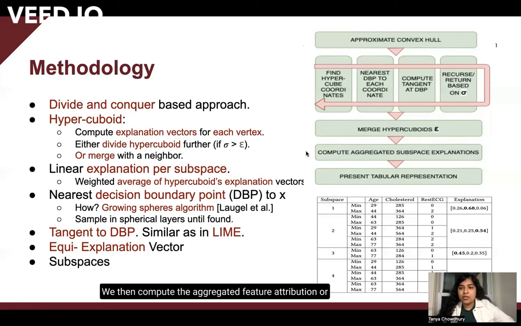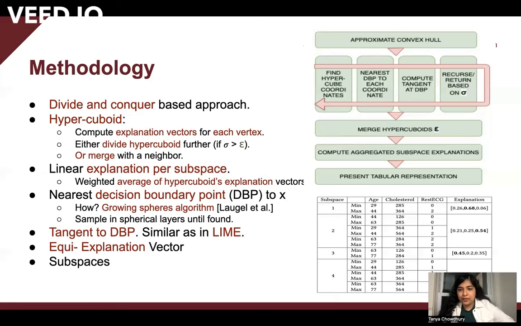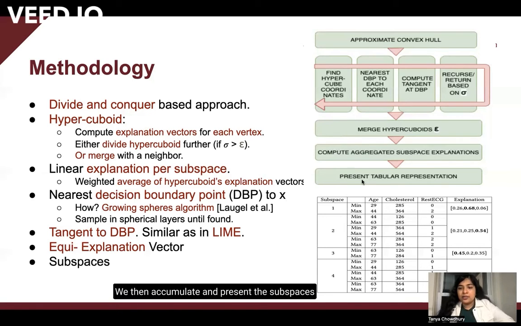We then compute the aggregated feature attribution or explanation for each subspace by doing a volume-wise aggregation based on each hypercuboid's volume. We then accumulate and present the hypercuboid subspaces and their feature attributions in a tabular representation, which is both concise as well as informative.